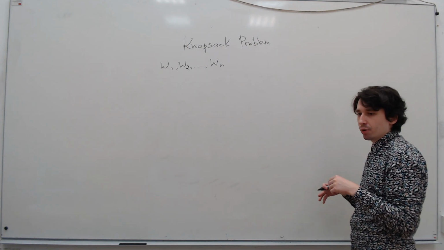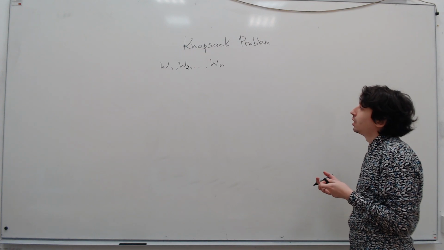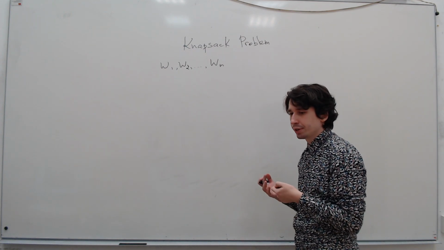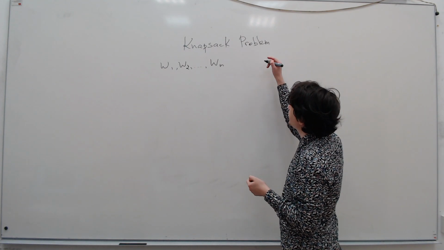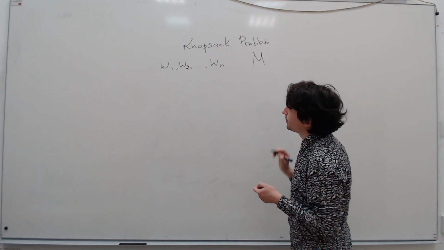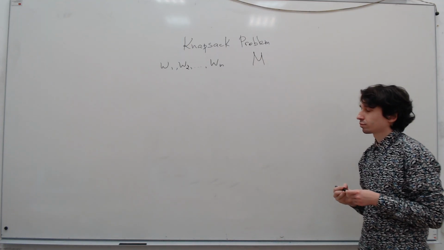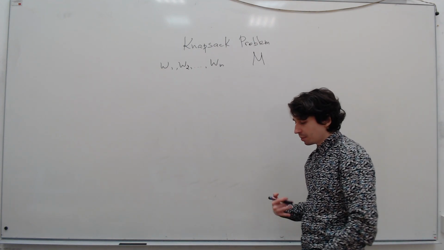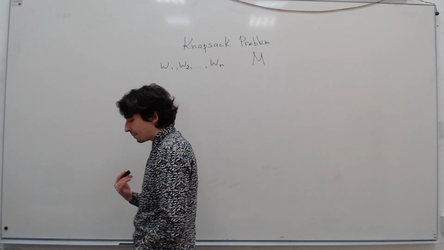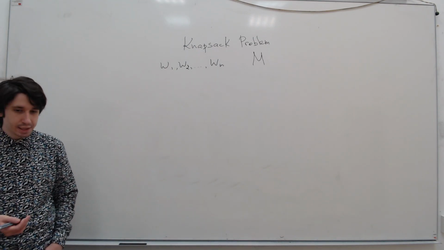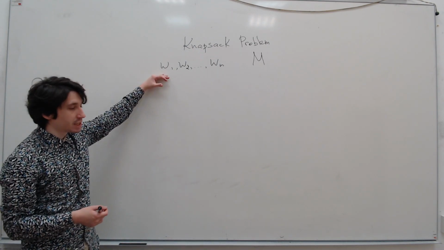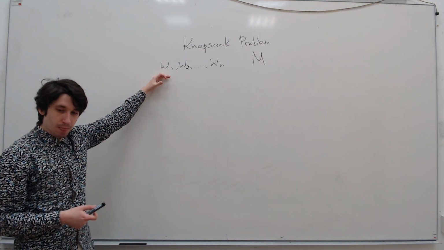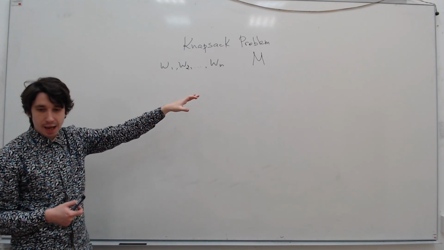And you know that you have a knapsack that can withhold elements of the total weight m. The problem is, what is the maximal weight we can obtain with these elements, but still can withhold m?